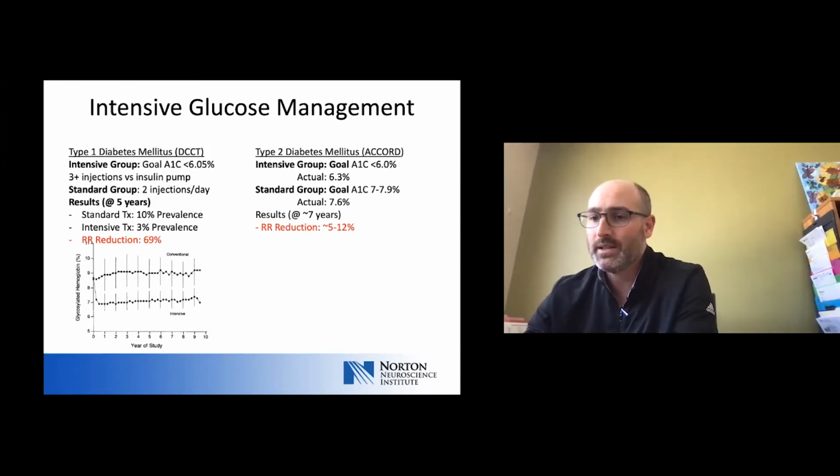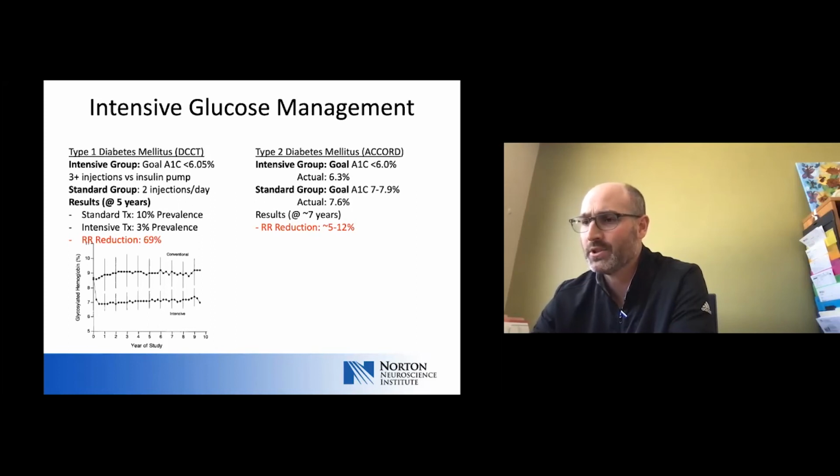The DCCT trial was a large study published in the early 90s, looking at various health outcomes, one of which was polyneuropathy, in subjects who were assigned to both intensive and conventional management. This will give you a sense of the preventative benefits of glucose control on the development of peripheral polyneuropathy.